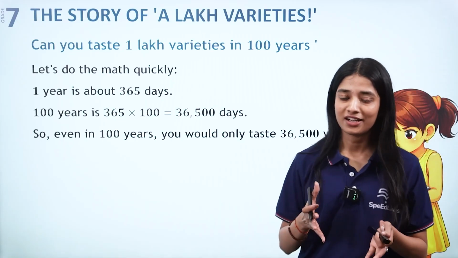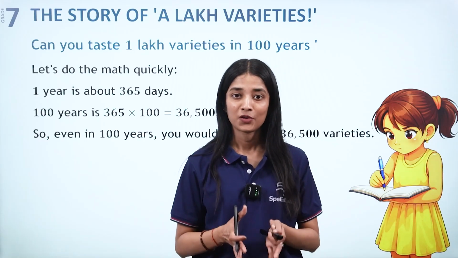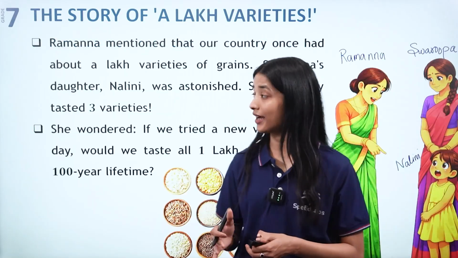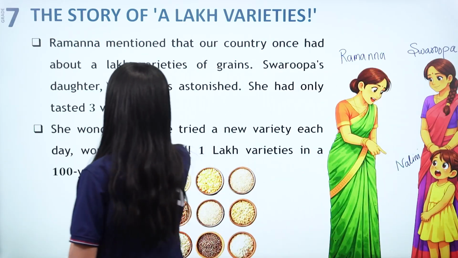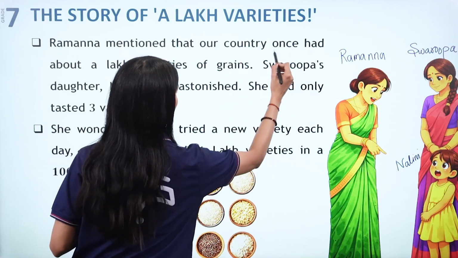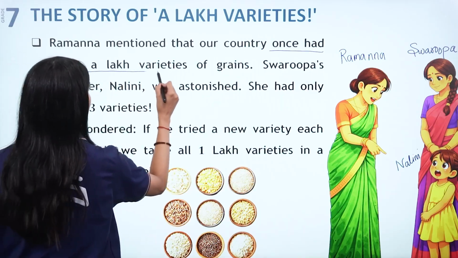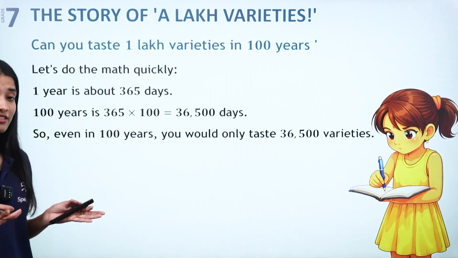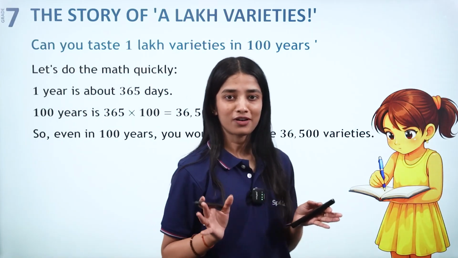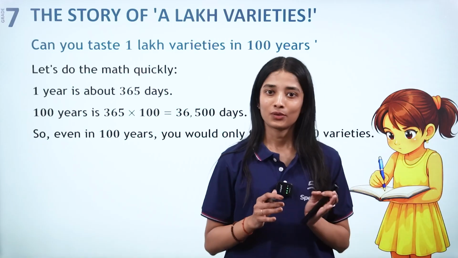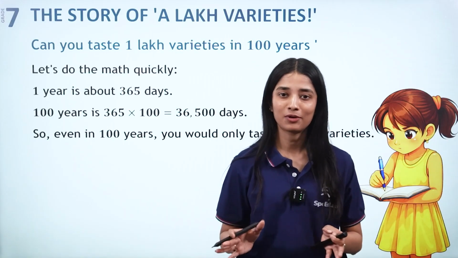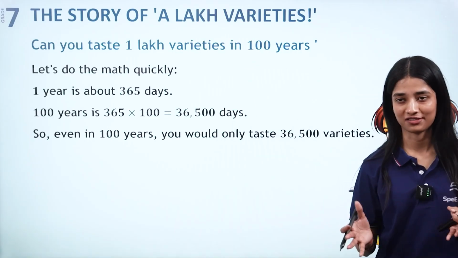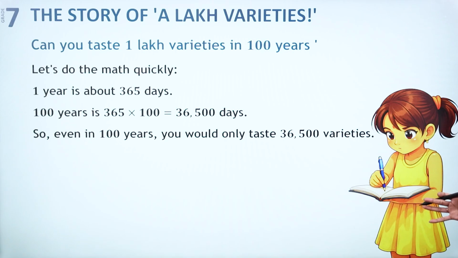But how many varieties of grains do we have? We have 1 lakh varieties, right? It was mentioned that once our country had about 1 lakh varieties of grains. Even if you try one variety of grain every day, in 100 years you won't be able to taste all the varieties.